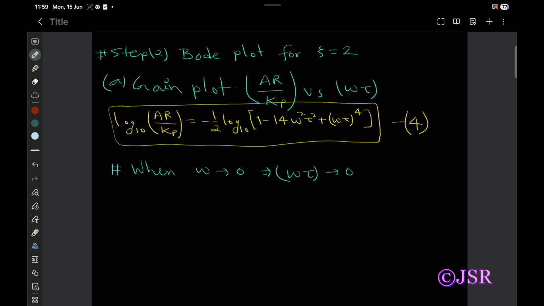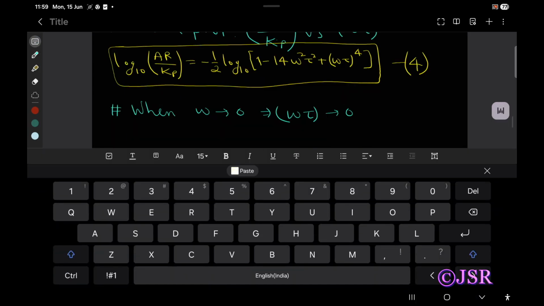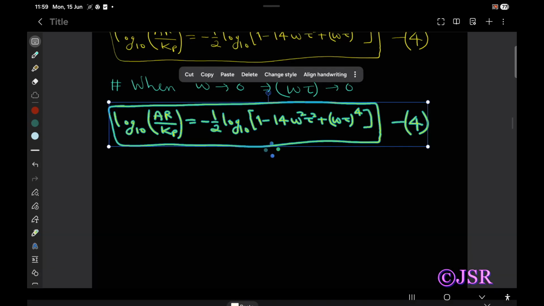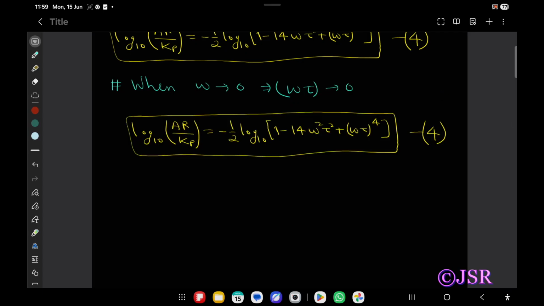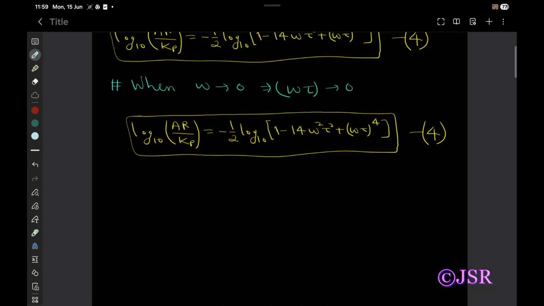So from equation number 4, we will have 0 and 0.